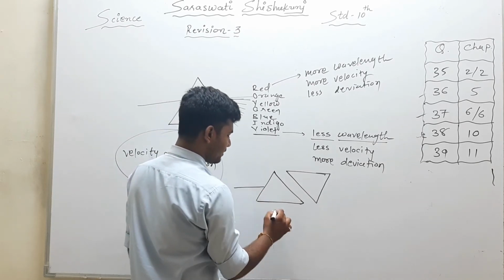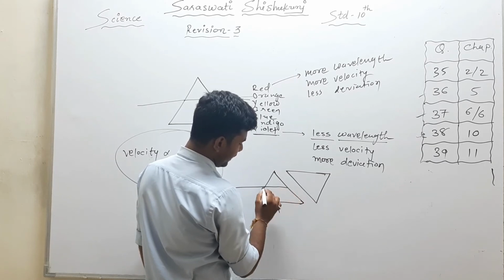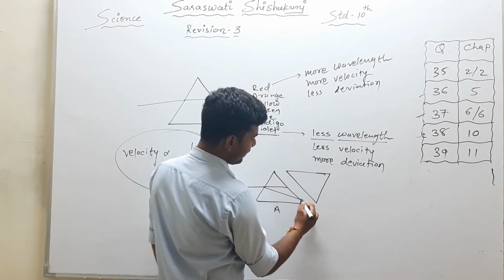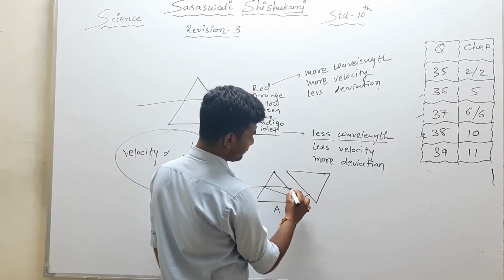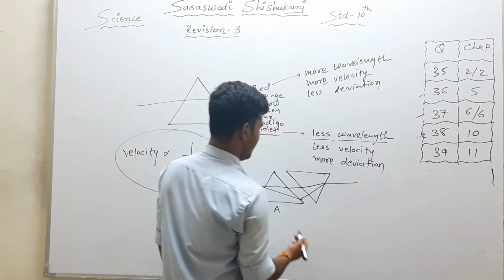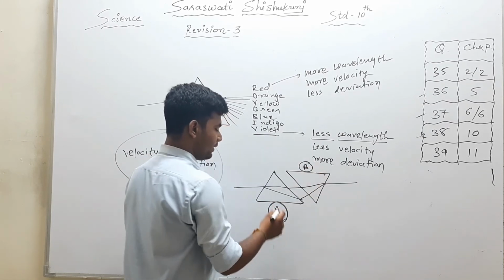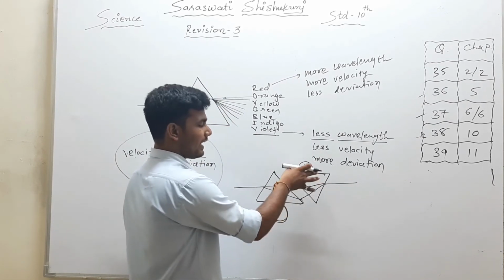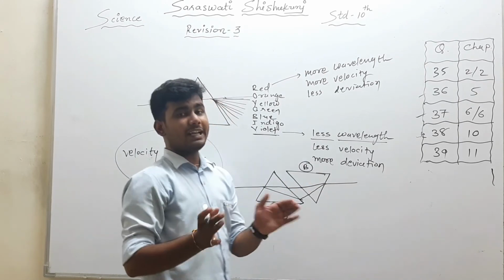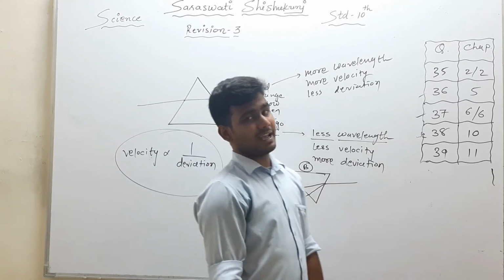By this, first the light will get dispersed, and by the second one the dispersed light is going to get converged. So our first prism, prism A, is going to disperse our light, and prism B is going to recombine our light. This type of experiment was first done by Sir Isaac Newton.